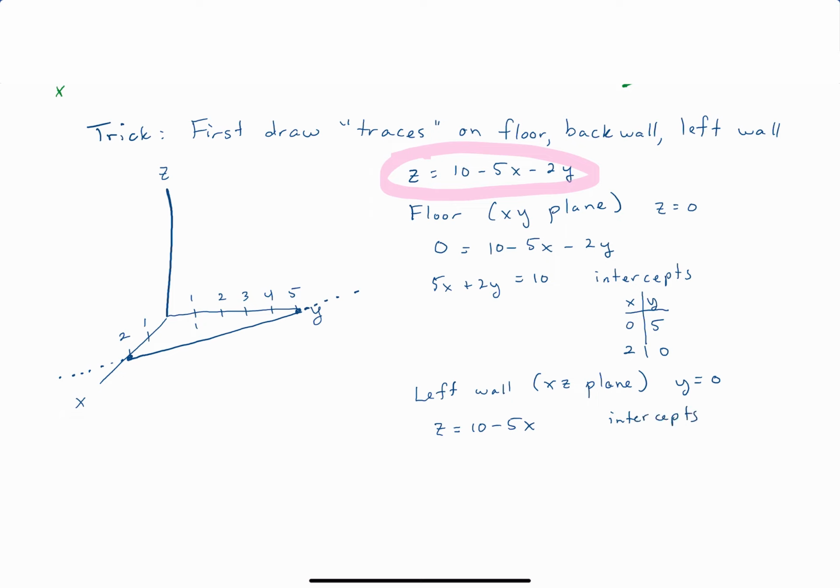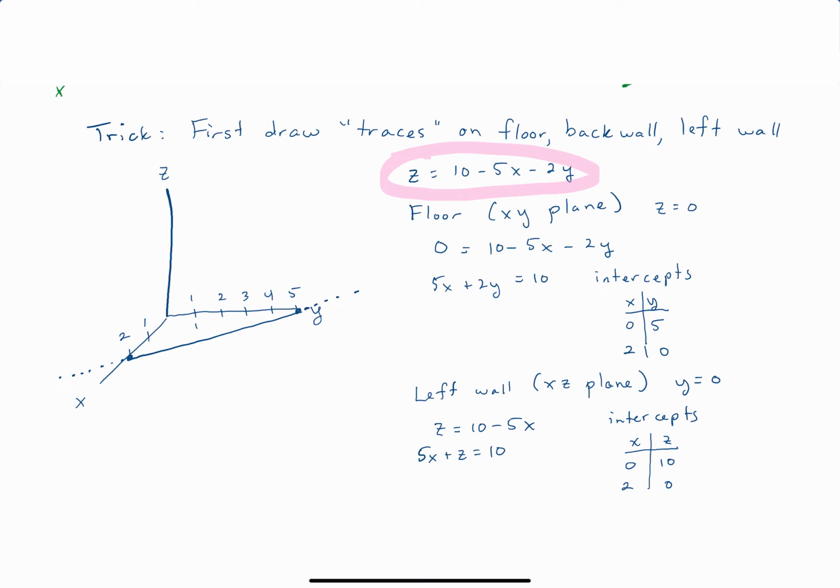And for me, it's easiest to have the variables on one side, but your mileage may vary. So I've added 5x to both sides. So we have 5x plus z equals 10. If x is 0, z must be 10. And if z is 0, x must be 2.